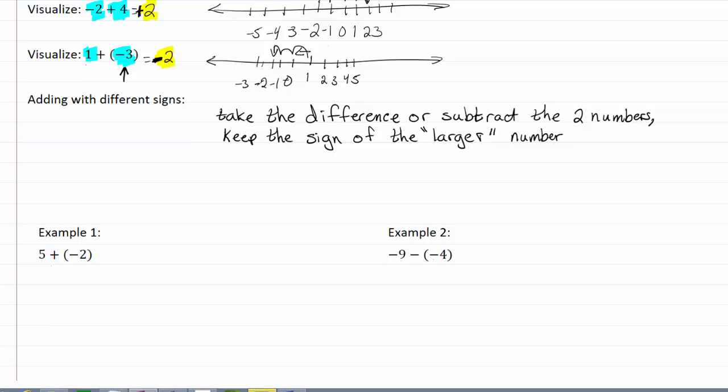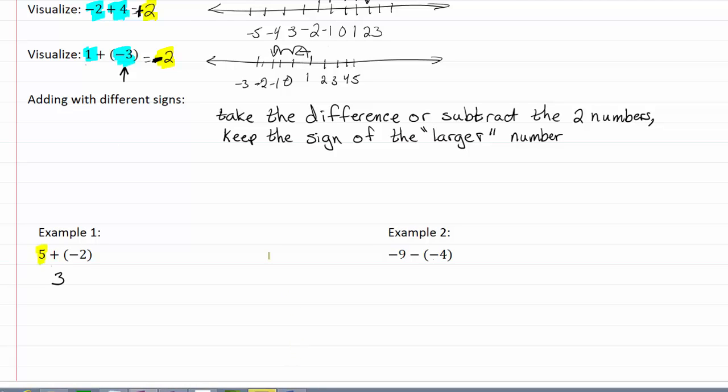When we take a look at our two examples here, we have our first problem. We have 5 plus a -2. Notice that we have different signs. So that means that we're going to take the difference or subtract. So the difference between the two of them is 3. Now our larger number is 5.